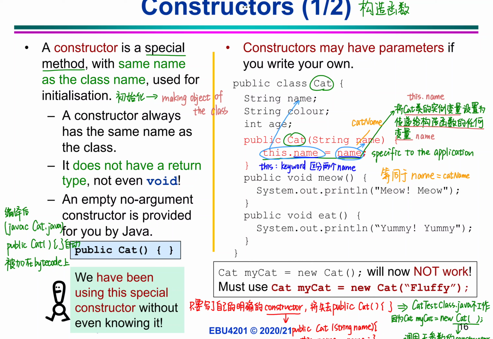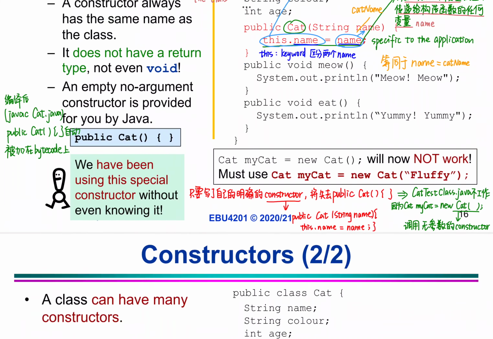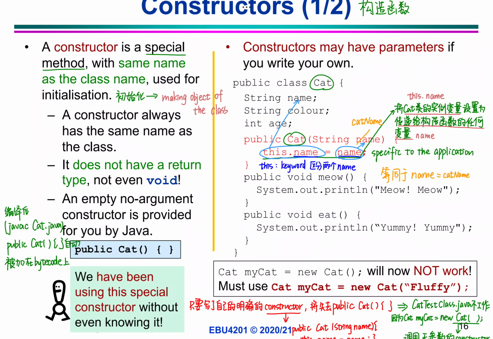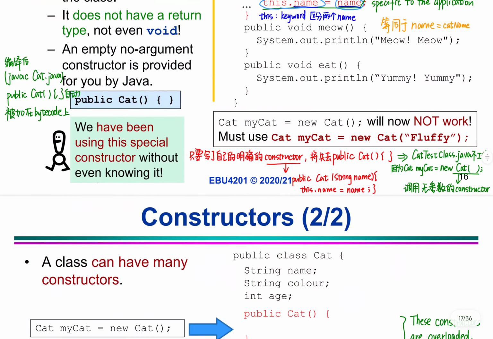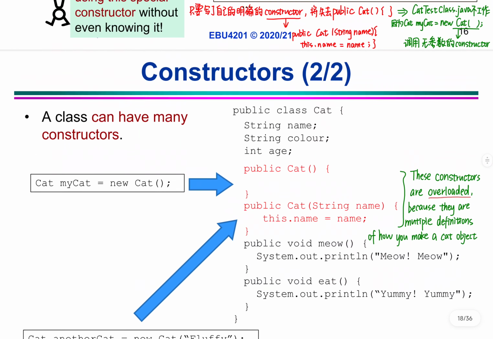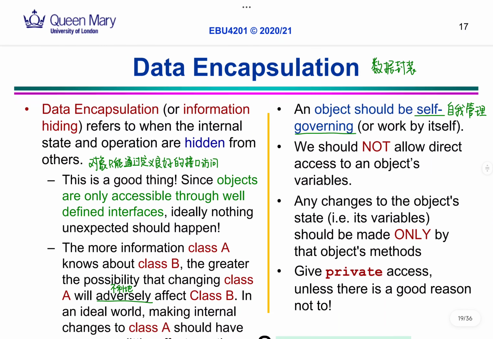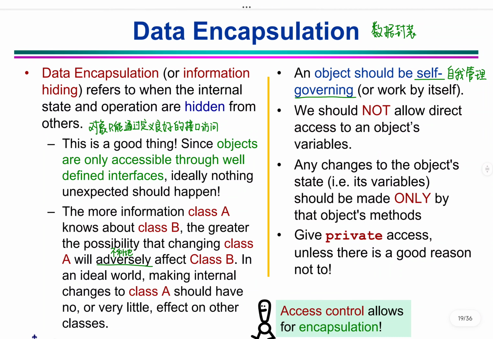If we deliver some parameters to this, and also this is about overload. Multiple constructors means that this is overloading, multiple definitions. And data encapsulation, this word encapsulation.